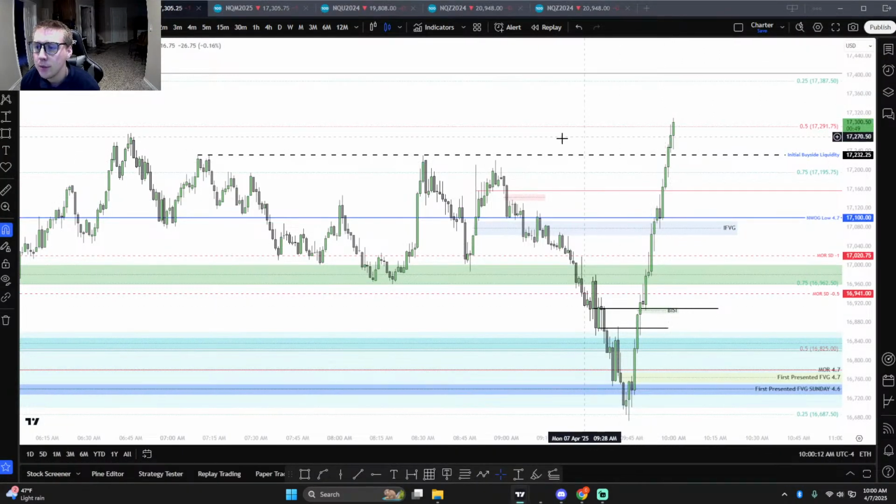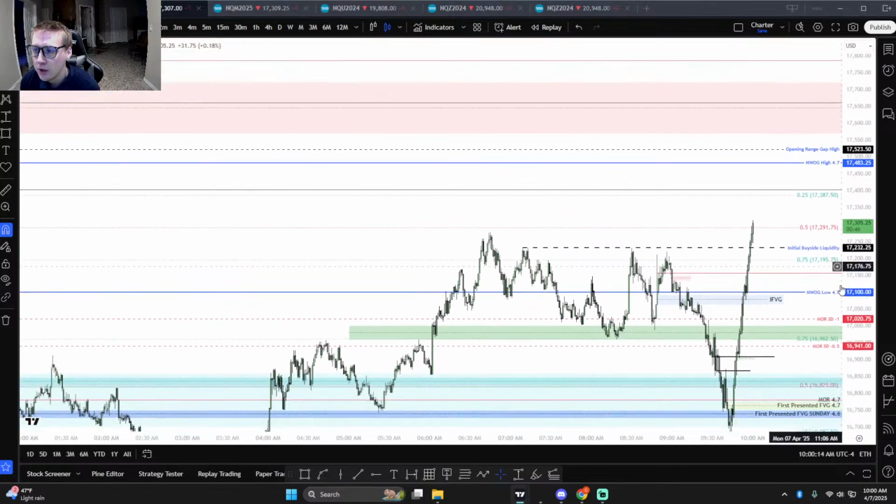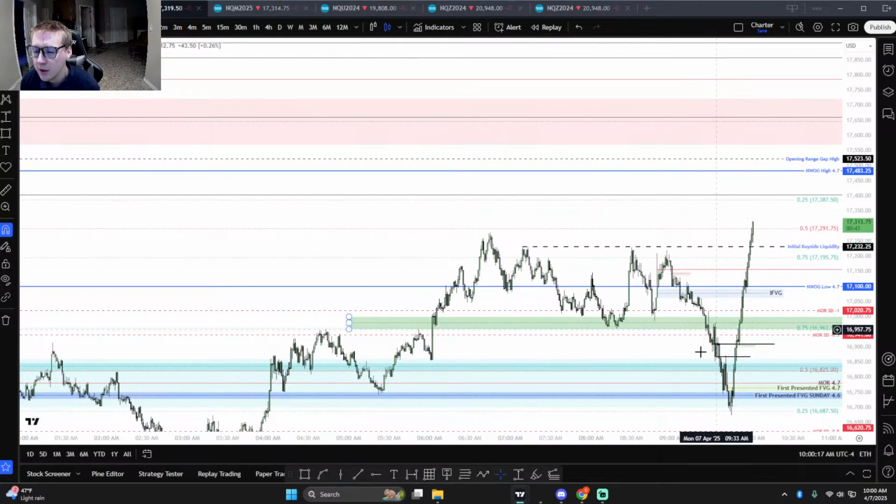Okay. That's my terminus. That would have been my terminus. Another possible draw on liquidity is new week opening gap high, and then this premium 15-minute SIBI.